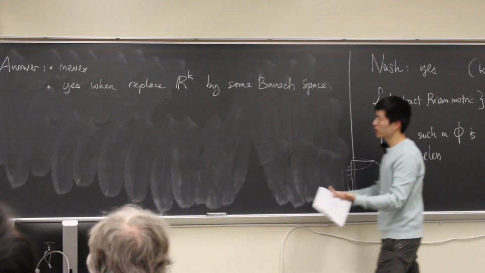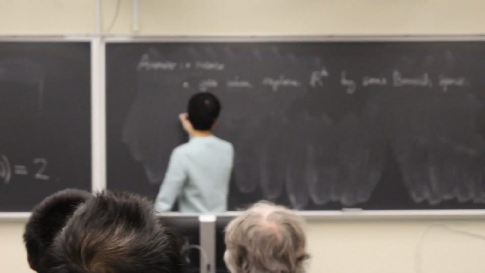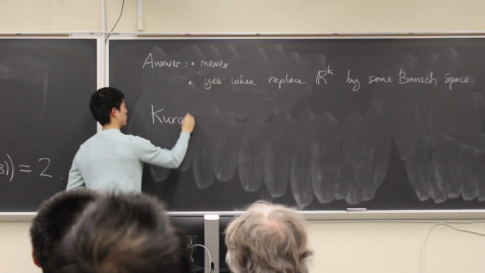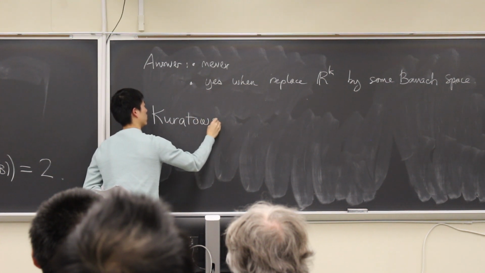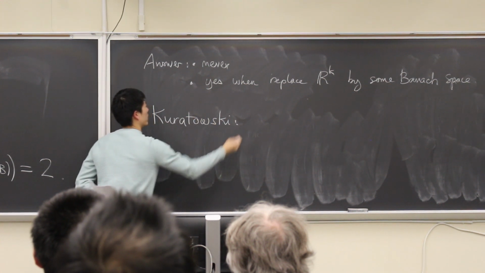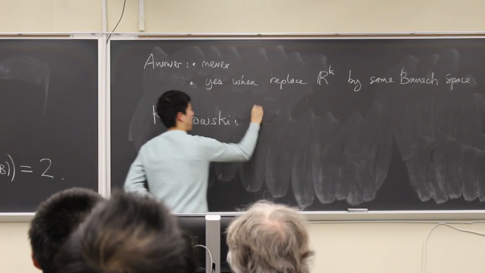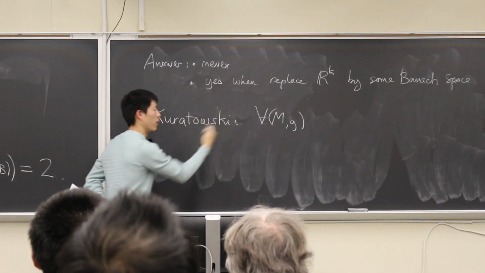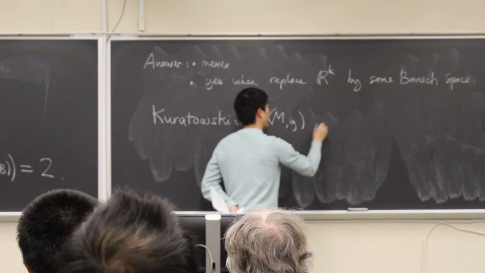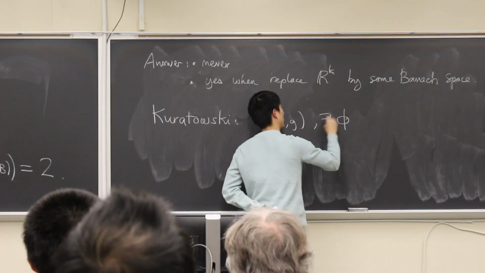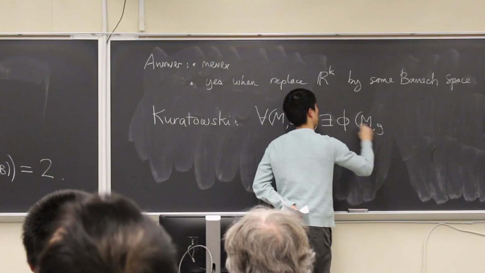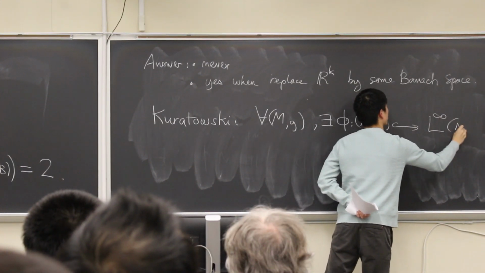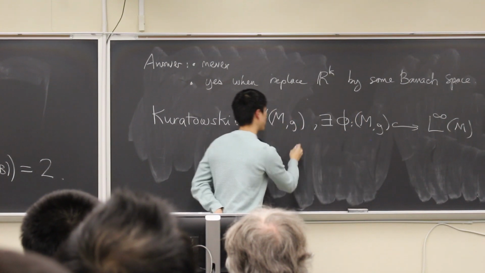This thing is really a simple construction due to, I think, Kuratowski, which says that any, say, compact Riemannian manifold can be embedded globally isometrically.